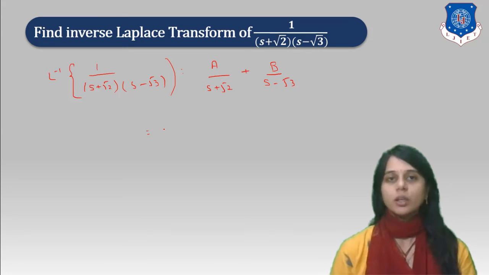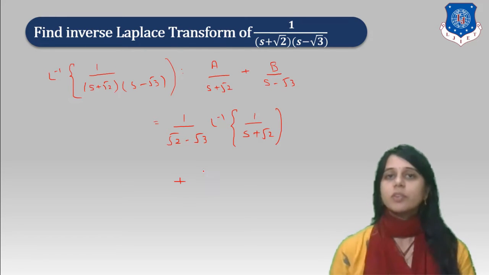The value of A is 1 upon (root 2 minus root 3), Laplace inverse of 1 upon s plus root 2, plus the value of B, which is 1 upon (root 3 plus root 2), Laplace inverse of 1 upon s minus root 3.